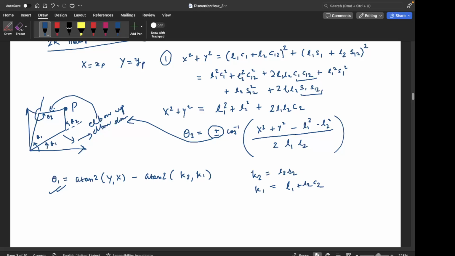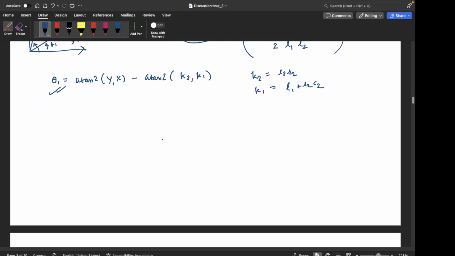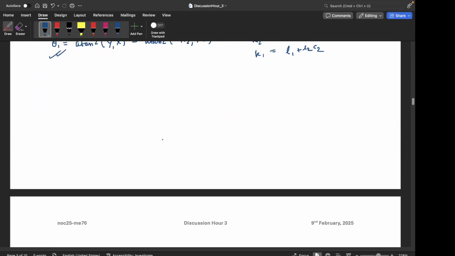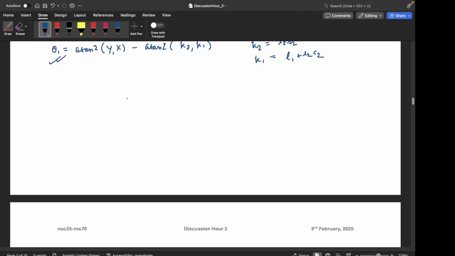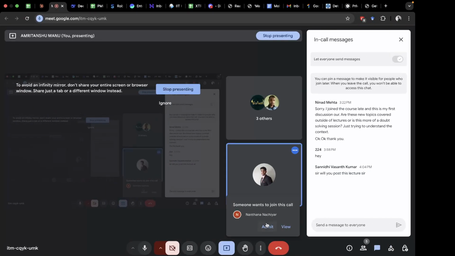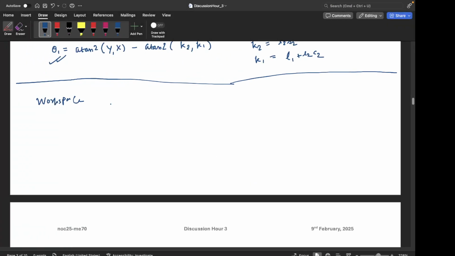Okay, so now we will discuss the concept of workspace, and that is closely related to the points or the orientations where we have valid solutions to the inverse kinematic problem.